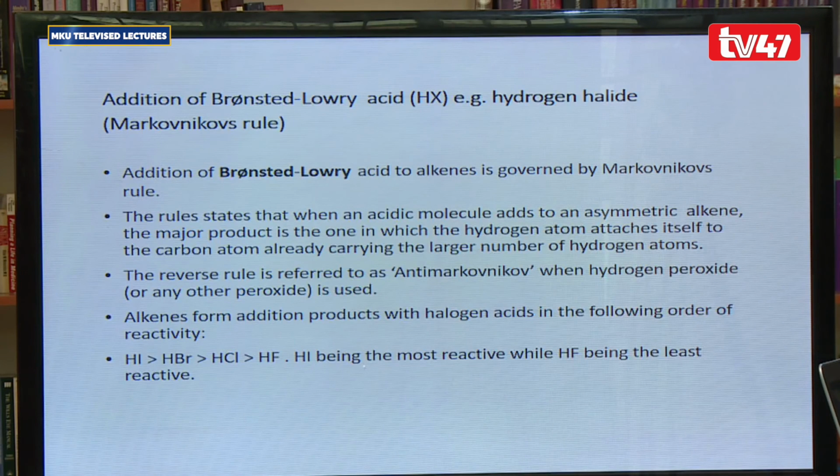Now, the explanation for Markovnikov's rule is that in the addition of a Bronsted-Lowry acid, there is an intermediate in which the hydrogen adds first, and then the anion adds second. The intermediate in which the hydrogen adds to the carbon having the higher number of hydrogens is a more stable intermediate than the one in which the hydrogen adds to the carbon having the lesser number of hydrogens.